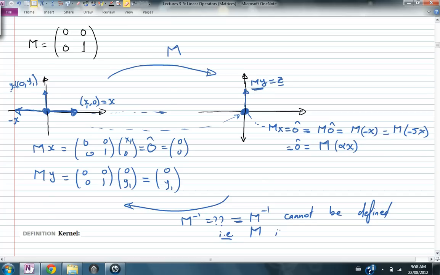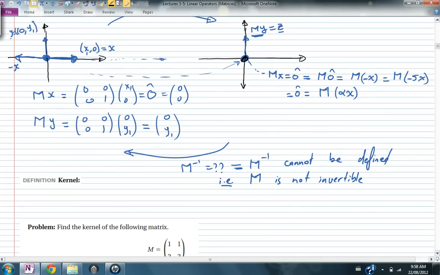M is not invertible. So it turns out that for me to find out whether a matrix is invertible or not, all I have to do is find out how many vectors, when I multiply m by those vectors, I get the 0 vector. So let me write this down.